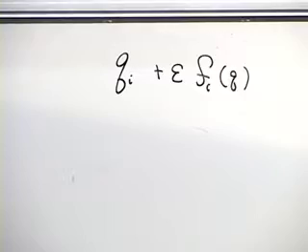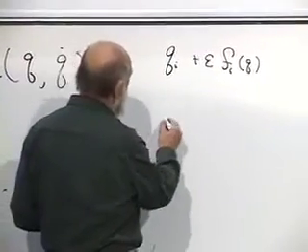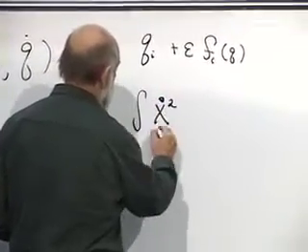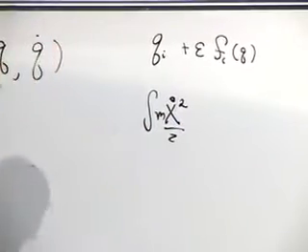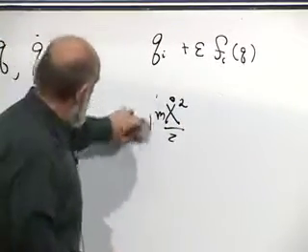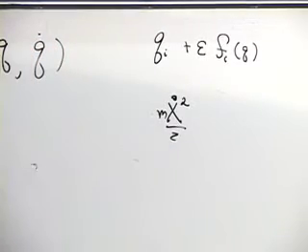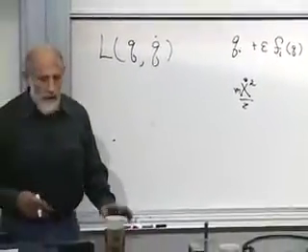That's called a symmetry. Let me give you an example, or a couple of examples. Kinetic energy of a free particle, m x dot squared over 2. Forget the integral. That's the Lagrangian. Is there a transformation that I can do that won't change the Lagrangian? Yes.